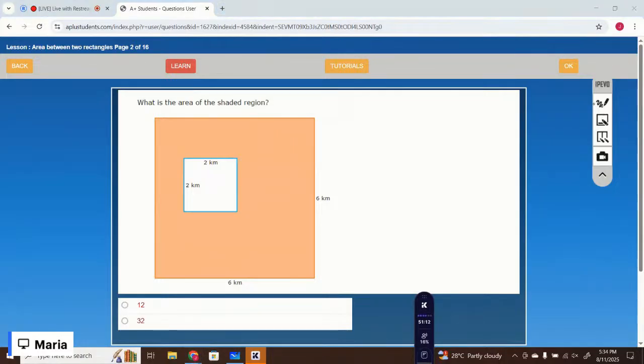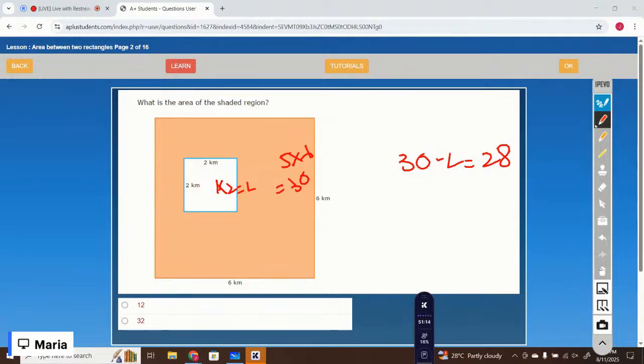What is the area of the shaded region? That is 2 times 2 is 4 and 6 times 6 is 36.